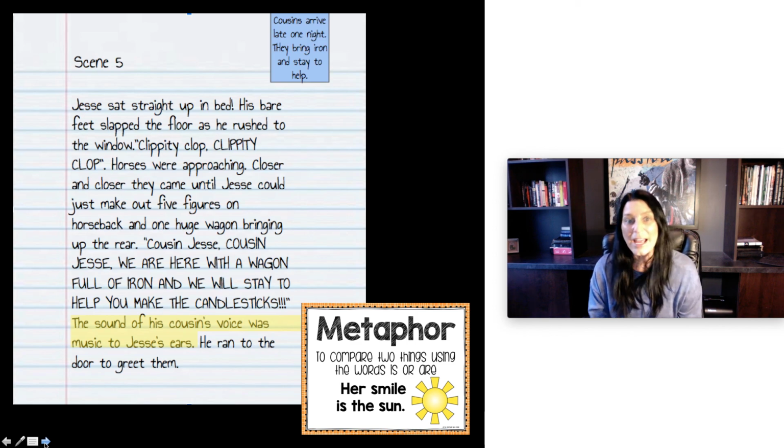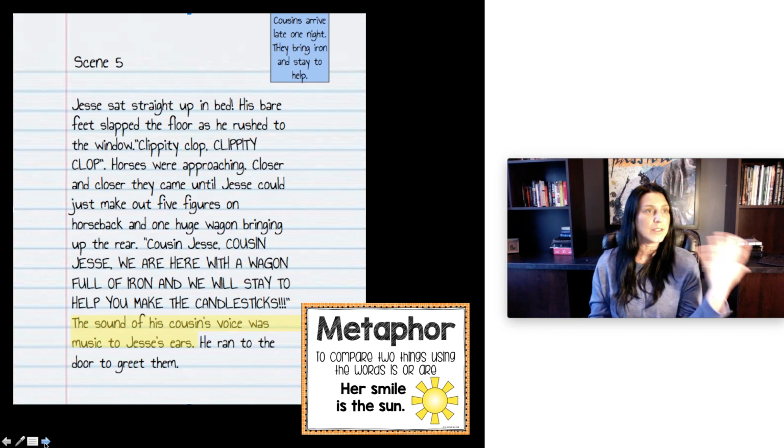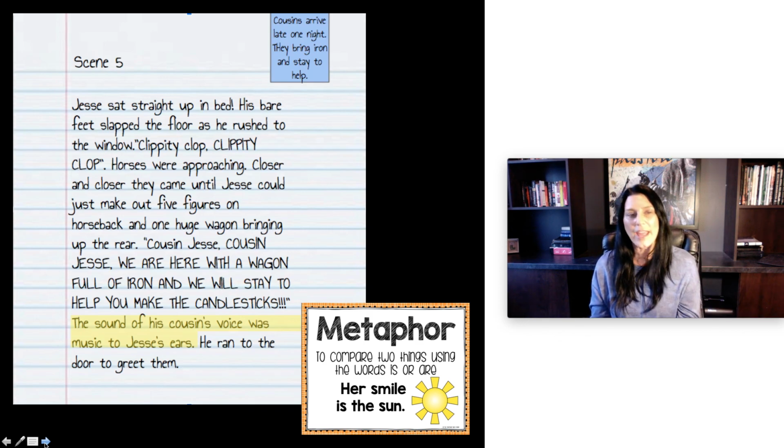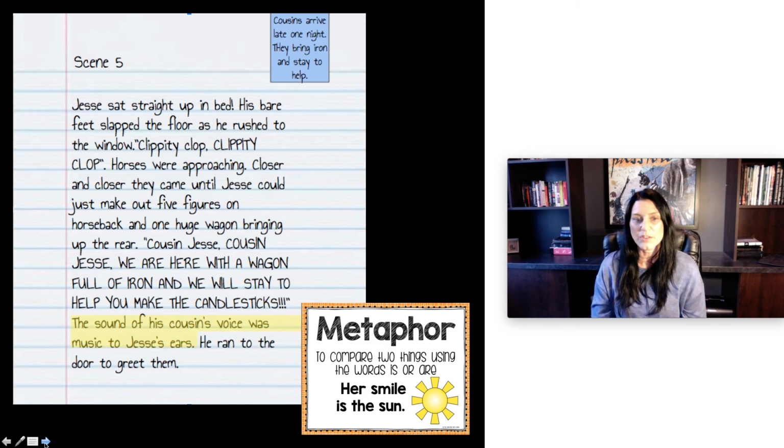In scene 5, this is the climax of my story when his cousins finally arrive at his house. Now he's changed now. He was feeling devastated in the last scene and just so anxious and nervous. And in this scene, he's so overjoyed. So I wanted my reader to really understand just how overjoyed and just how happy he was in this part of my story. And so I used a metaphor, and you'll see it also in the yellow highlighted.